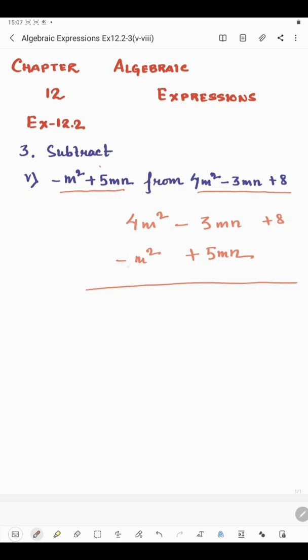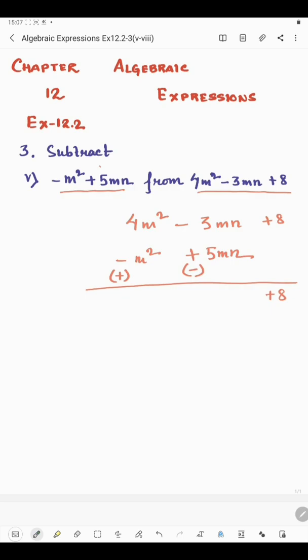Here we have minus m square which is present in the lower part, so the sign of this term will change, and here plus 5mn is there, so it will be minus 5mn, but the sign of 8 won't change as 8 is present in the upper part. Since no term is present below this, it will remain the same, plus 8.